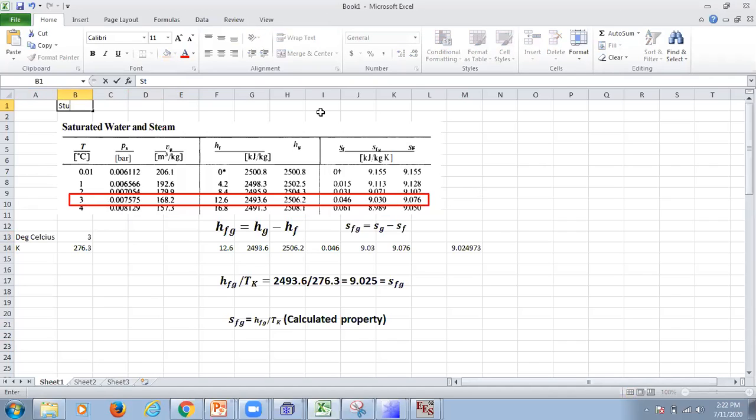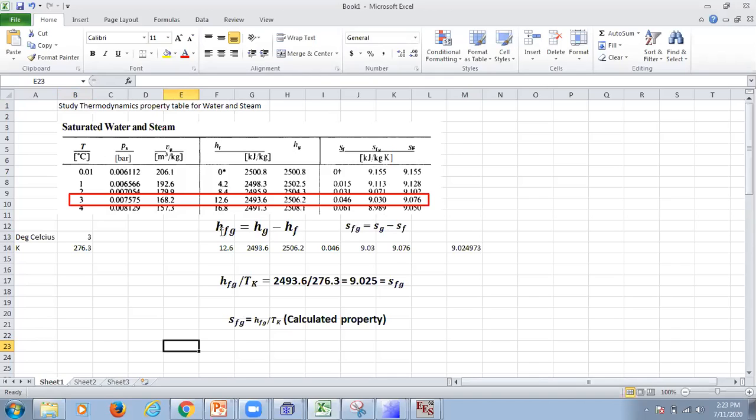Study thermodynamics property tables for water and steam. So this is very, very important, because you can see these connections. And here this is HFG.